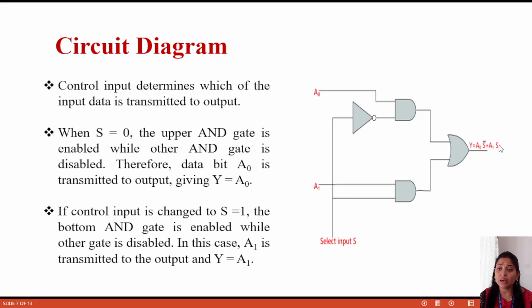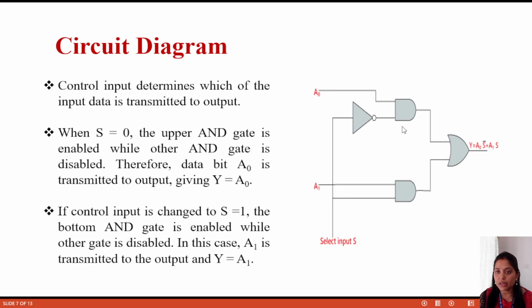Now, there are two combinations, as I have already said, S equal to 0 and S equal to 1. When S is equal to 0, if 0 passes through the NOT gate, it will be 1, okay, and A0 is also there.